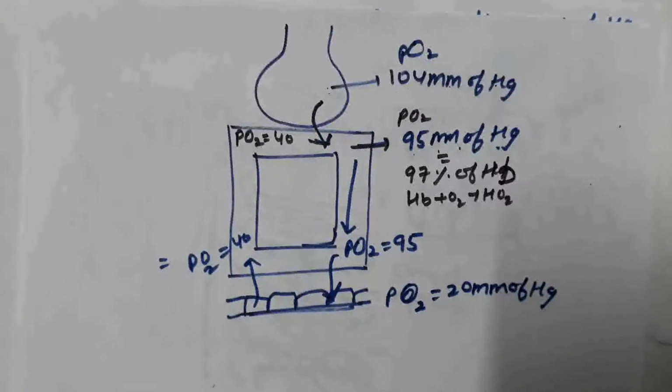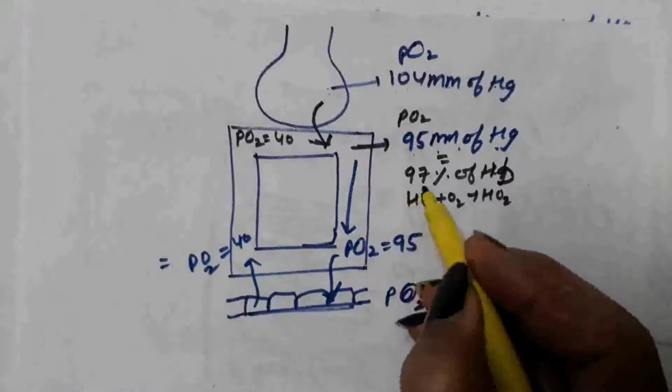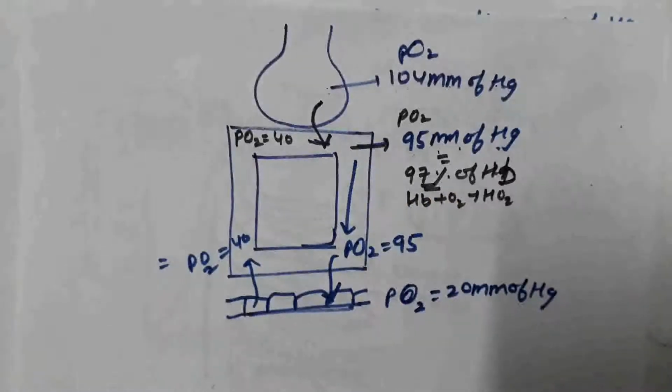The remaining 1 to 3% of oxygen is dissolved in blood plasma and transported. The curve shows the same: at 95 mm of mercury, percent saturation of hemoglobin is equal to 97%. 97% of hemoglobin is able to transport oxygen at 95 mm of mercury partial pressure of oxygen.